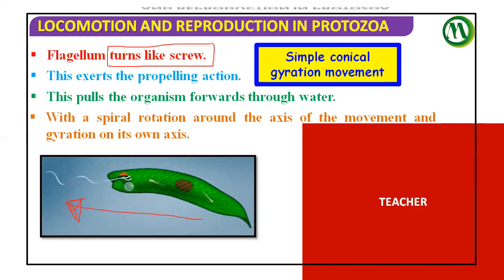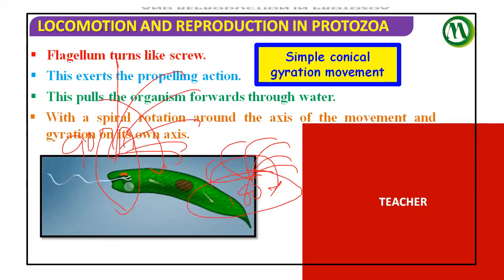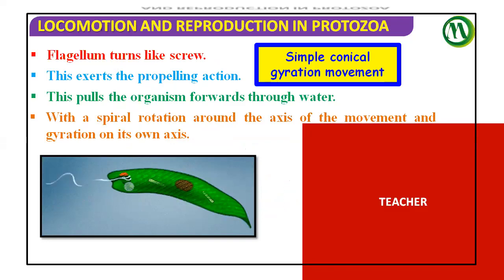That is the exact screw. Our animation may not completely support it, it seems to be like undulation, isn't it? But understand it by comparison with a screw making a hole. You just imagine it from that point of view and you can understand.